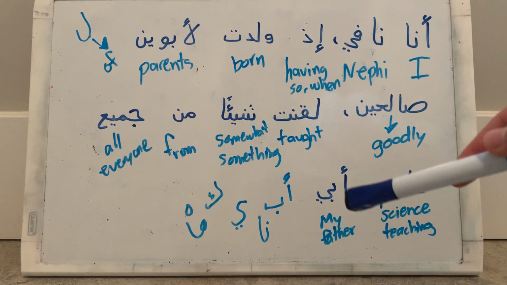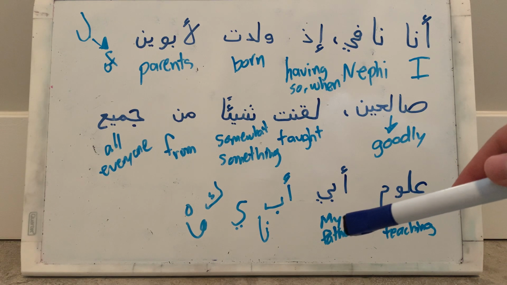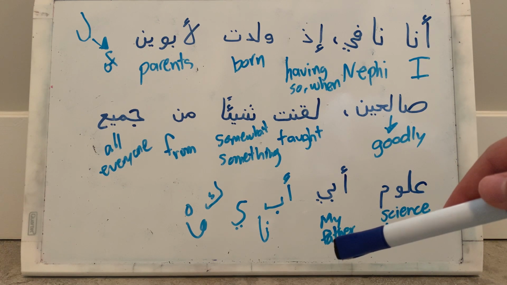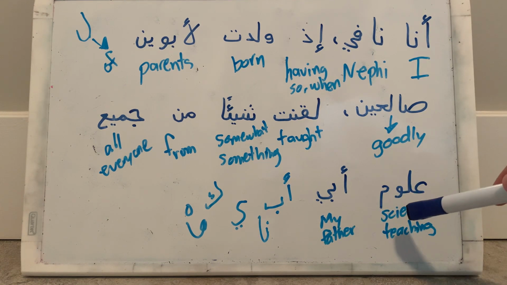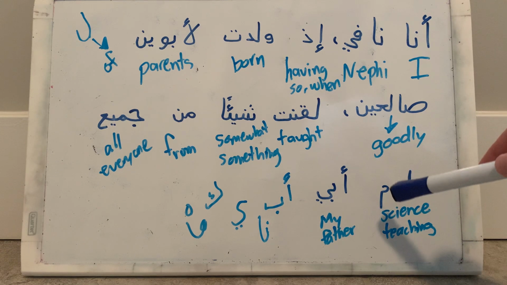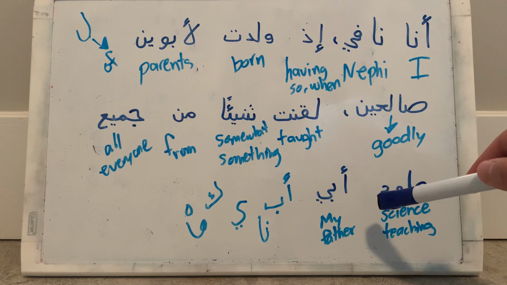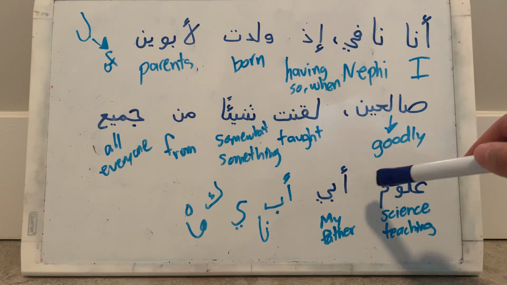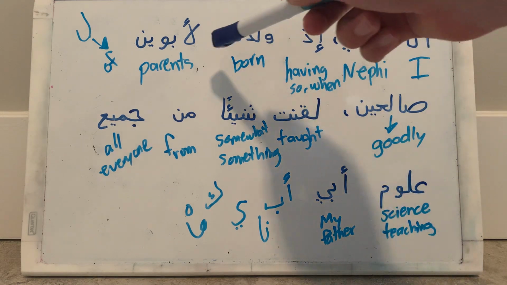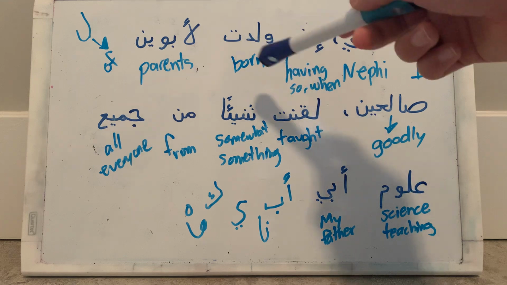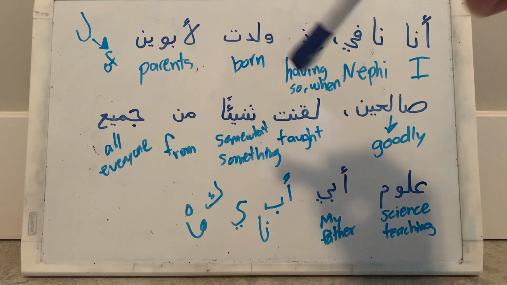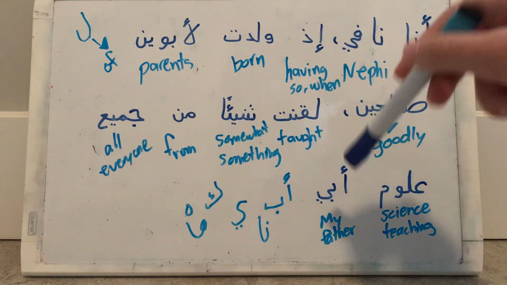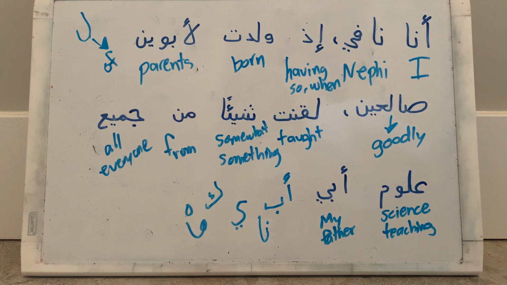Science of my father is direct, so in that case we wouldn't have the li there, because it's directly my father's science. Whereas I was born of my parents, but the verb of being born isn't my parents' verb; it's just indirectly connected. So you throw in the li there, but this is direct, so you don't. That's the first bit of this verse.